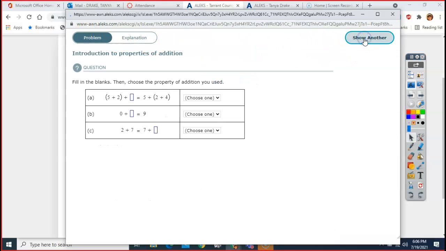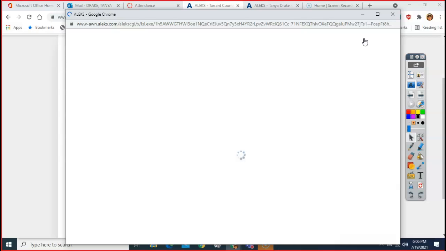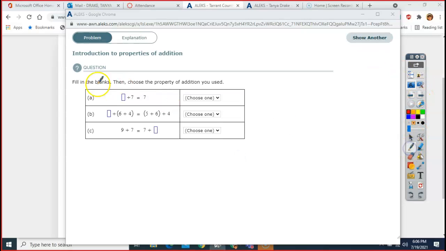Let's show another problem. Basically up here, we know we've got to do 0, so that's the ID property, identity. That D looks wicked, that's a D. 5, 6, 4, so this has to be a 5. When I move parentheses around, that's the associative, and put ASSOC.